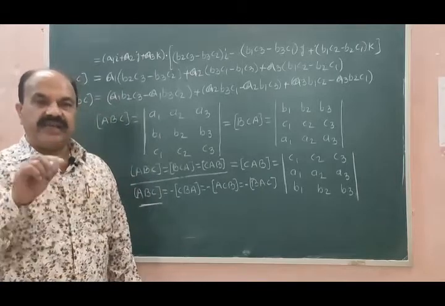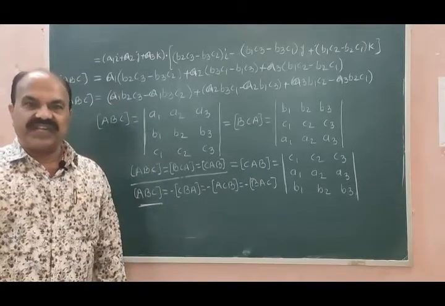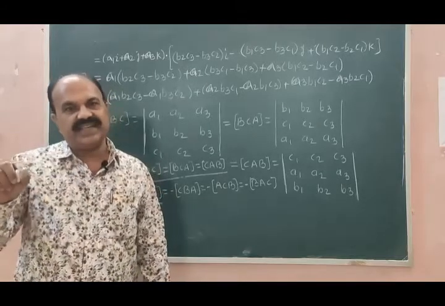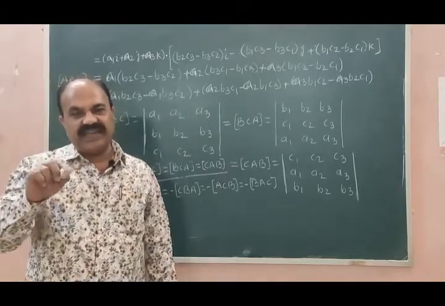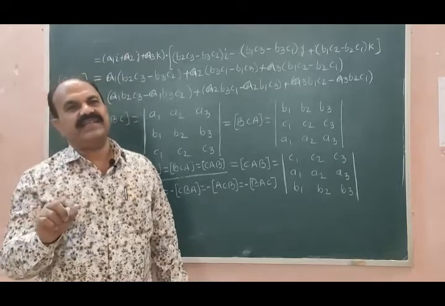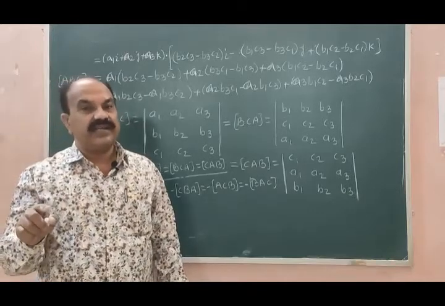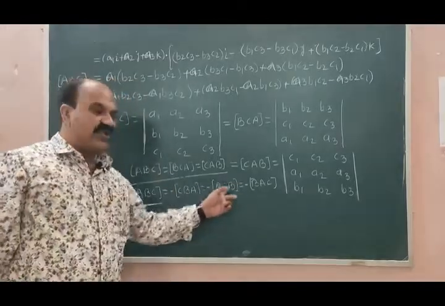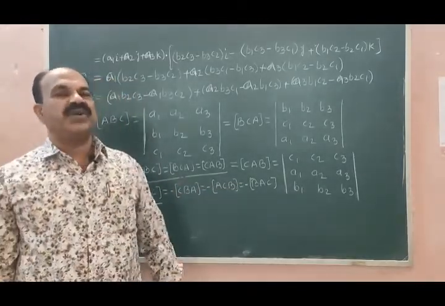Cyclic: A, B, C. After C, again we have to come back to A, then B, then C. If you start from B, B, C, A, like that, that is cyclic. If you break the cycle and go this way, this is known as anti-cyclic permutation.